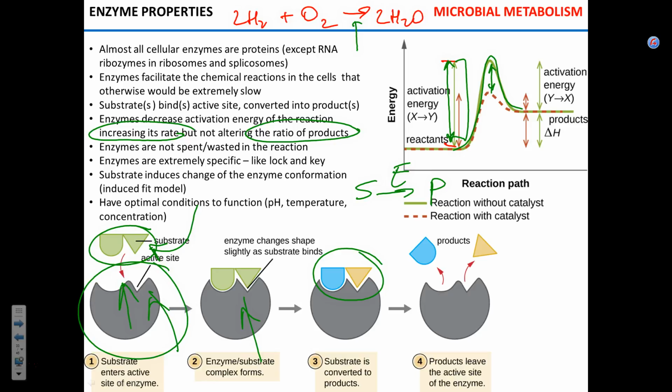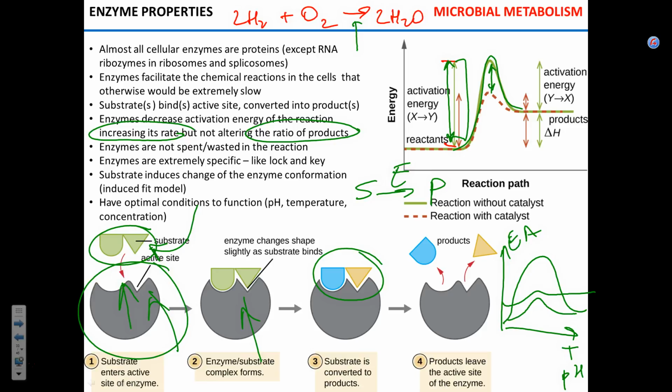Now, you have to appreciate that if we try and graph the enzyme activity versus some sort of environmental condition, whether it's temperature or pH, the graph will look like that, or like that, or maybe even like that, which means that there is a certain range of conditions in which an enzyme is going to work, right?